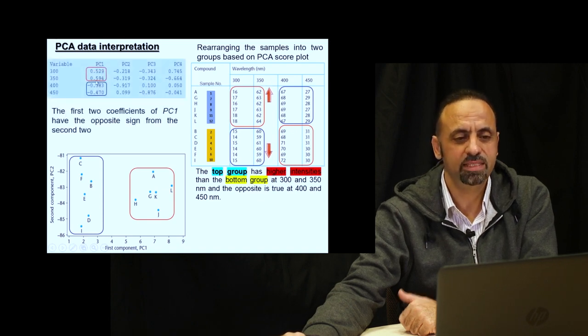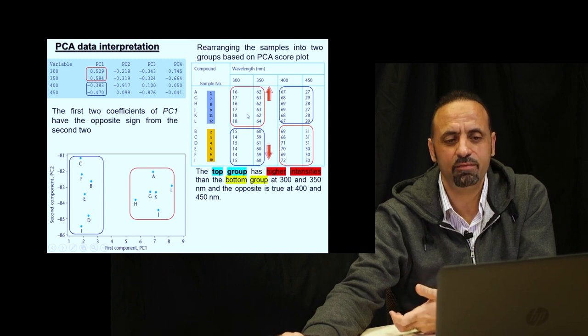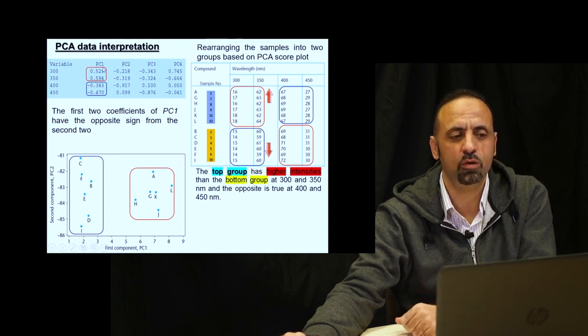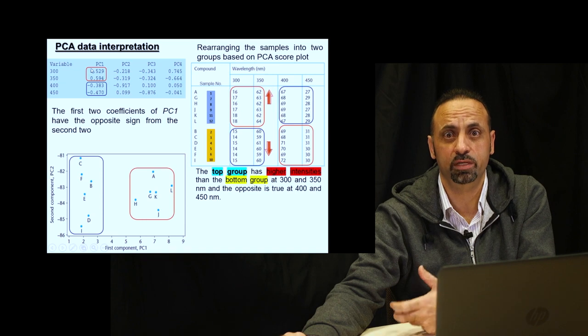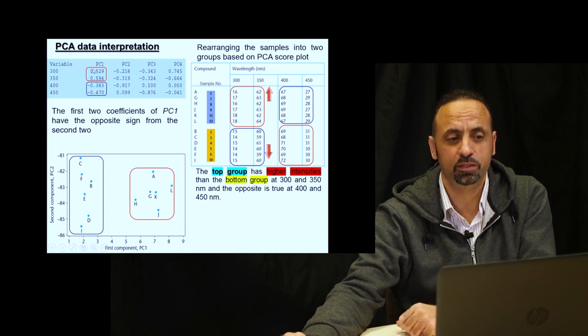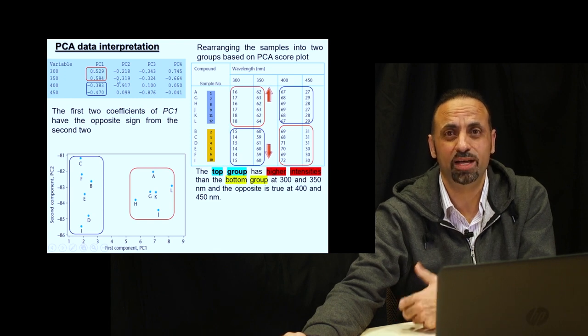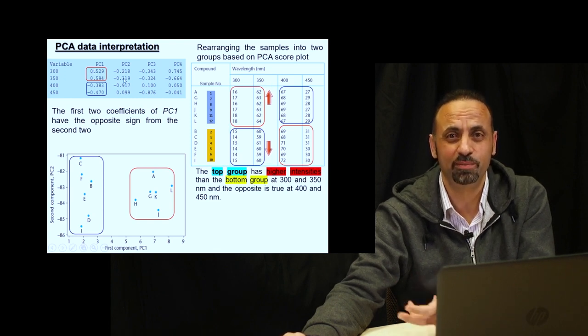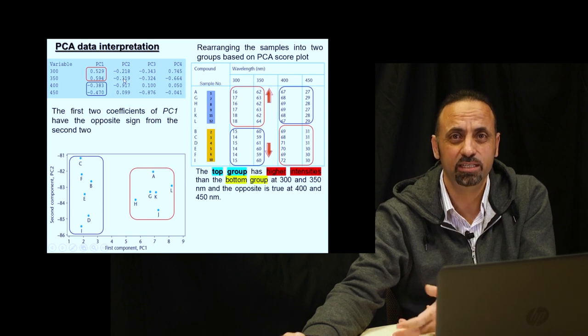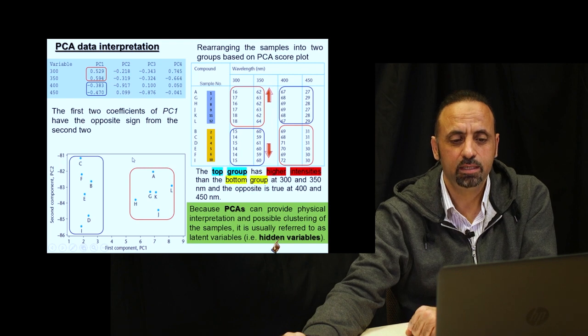That's why we have this, because here the coefficient of the principal component is positive for the 300 and 350, and is negative at 300, 400 and 450. That's why we can use principal component 1 and principal component 2 to make this kind of distinction between these two groups of data, okay?